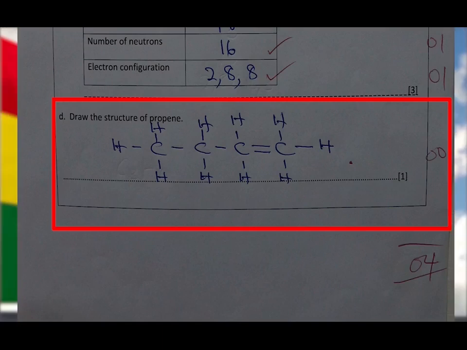Very good. Now let's look at the last one, that is the D. You were able to deduce the correct molecular formula. You went ahead to draw the structure. You got the carbon chain correct, but the carbon atoms bearing the double bond had 5 bonds instead of 4.